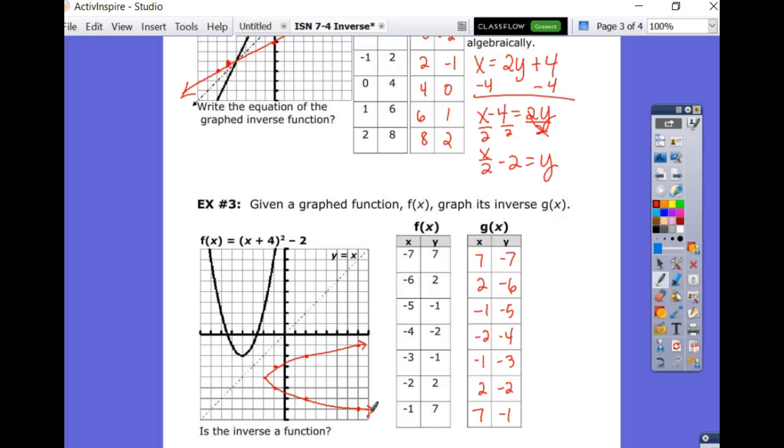So the first question is, is the inverse a function? Thumbs up for yes. Thumbs down for no. Okay, so if you said no, turn to your partner and tell them why.